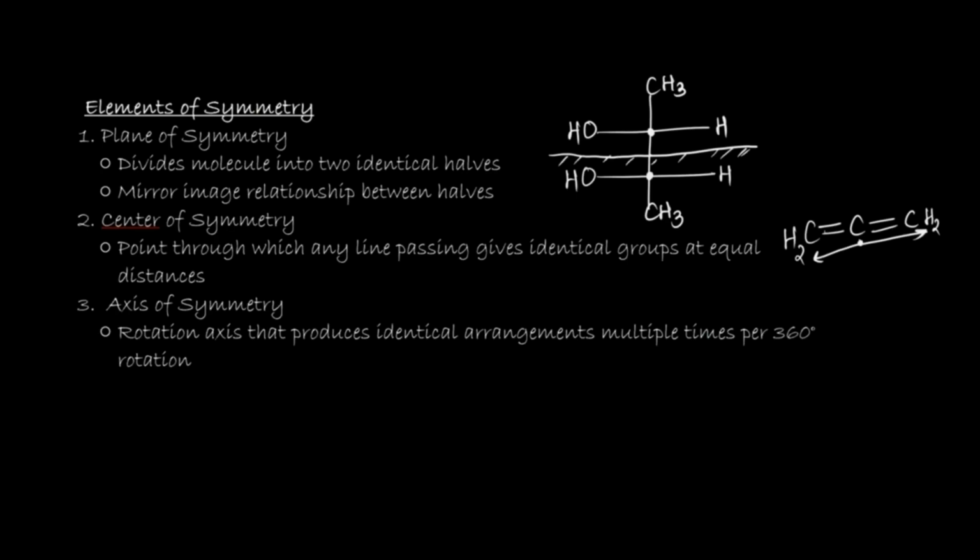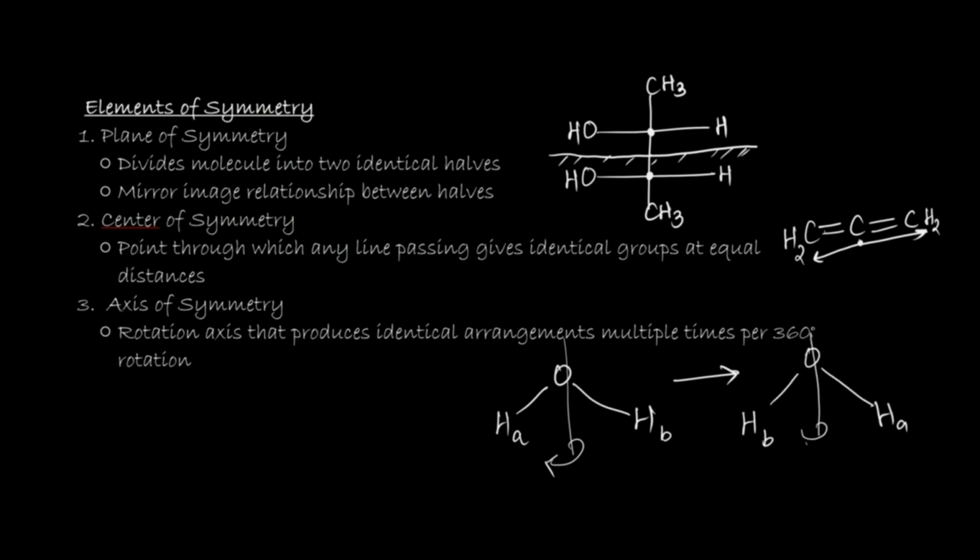And the third one, axis of symmetry, means if I'm rotating one side of a molecule, I should get the same thing. Let's say the simple molecule H2O. Let's say this is HA and this is HB. I'm naming these hydrogens. So I rotate it, and it becomes HB and HA, isn't it?